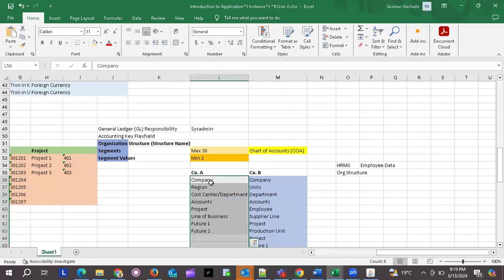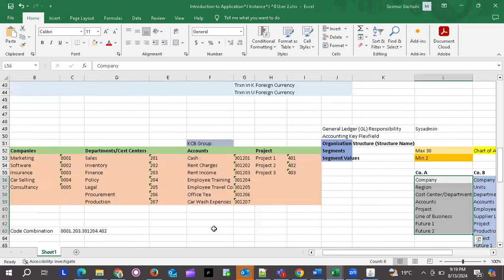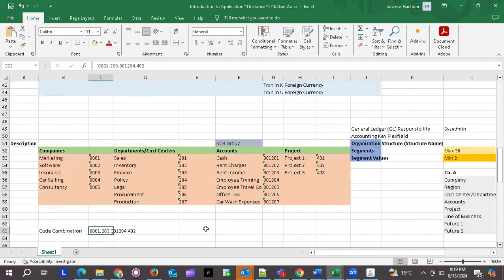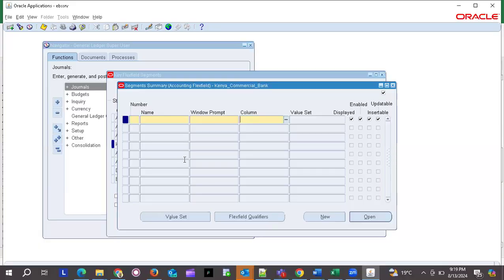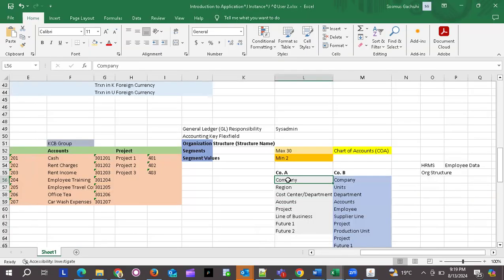So that even when we are doing the account combination, we will be selecting from the first segment because it was assigned segment number 1, and then you go to the second segment, third, and so on and so forth. That is very important to understand, so that you know why we have this kind of account combination selection in the order that we usually have.